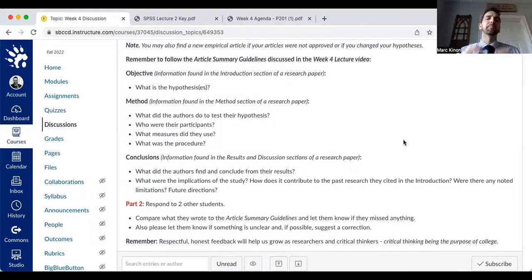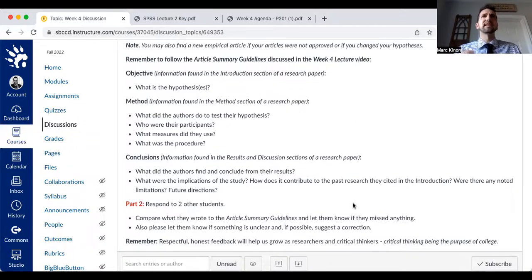Oh, and I want to point out, make sure your initial discussion posts are a minimum of 200 words, and your responses are a minimum of 100 words. Please do that, because 100 words is not a lot. If you have a short response like, oh yeah, your article summary looks great, does it really?